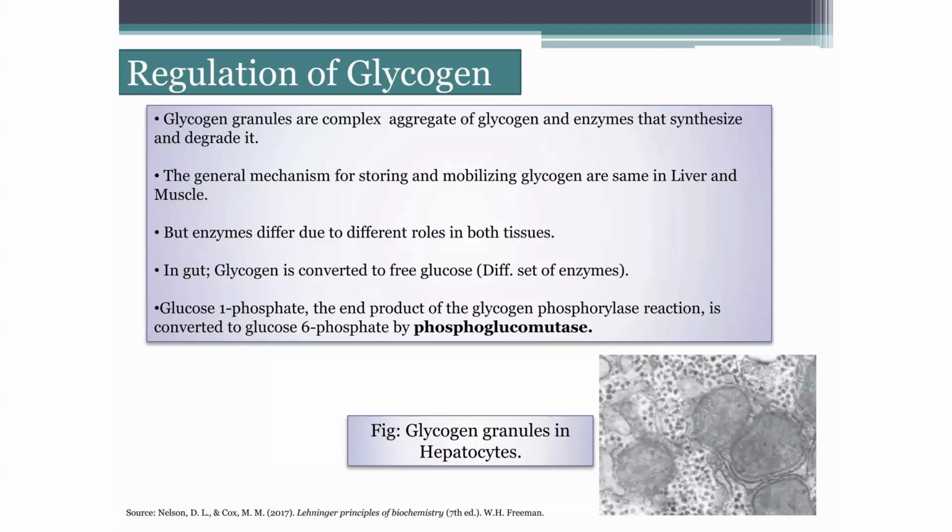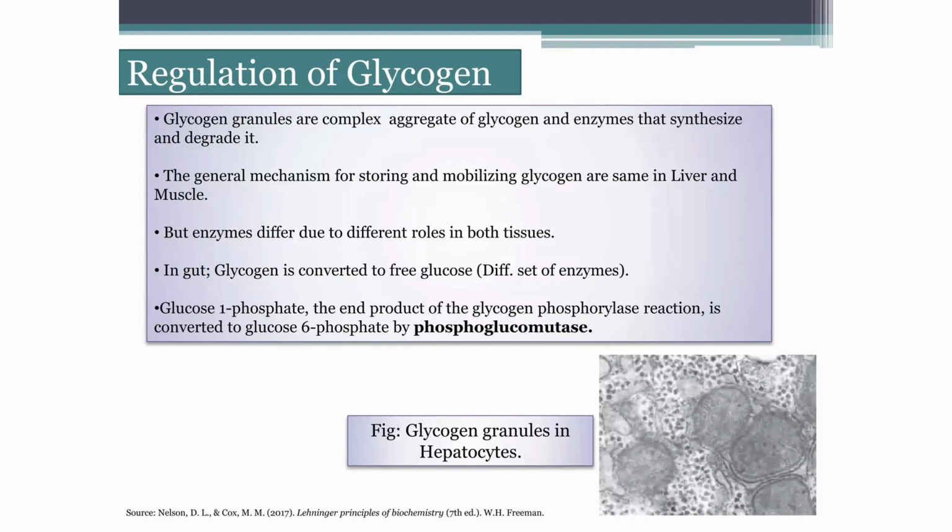So when you have excess glucose, when you eat and you produce enough energy and you have some other remnant of glucose which is not utilized, either in protein glycation or any other things.